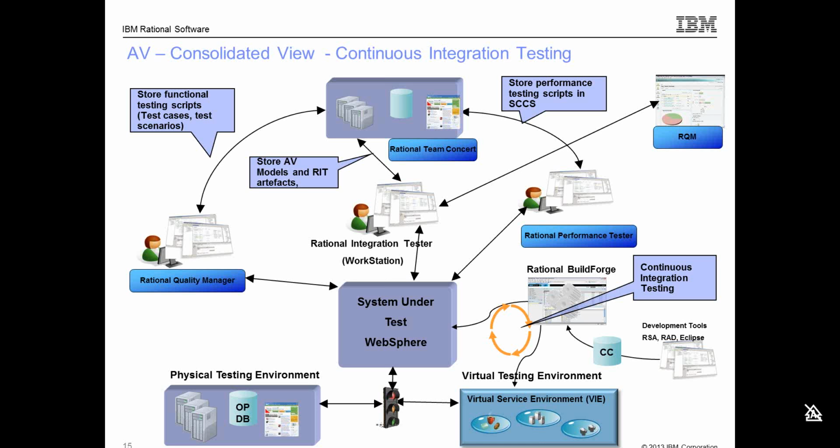And you have your virtual environments that are being deployed on the RTCP, which then uses agents to deploy these virtual environments. So you see how we have this continuous integration testing being done.